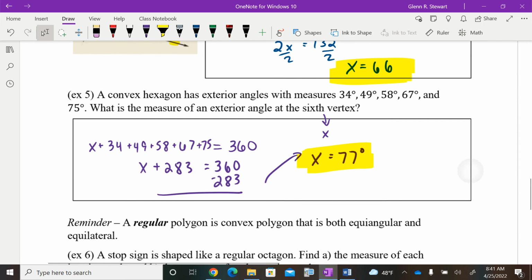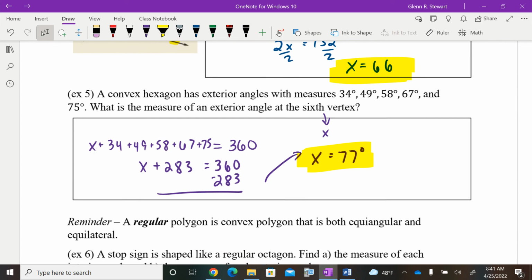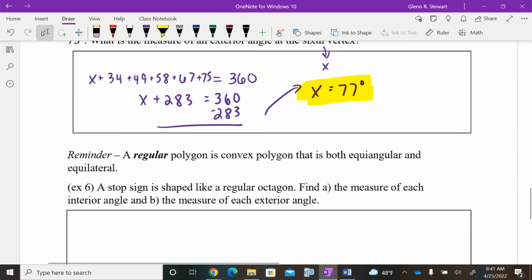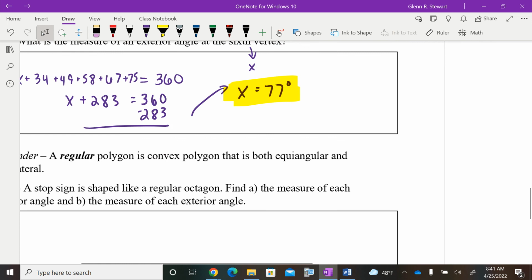Just as a reminder, a regular polygon is a convex polygon that is both equiangular and equilateral. Regular means equiangular and equilateral. Here's an example for you off to the side for your notes. Let's say it's a hexagon.